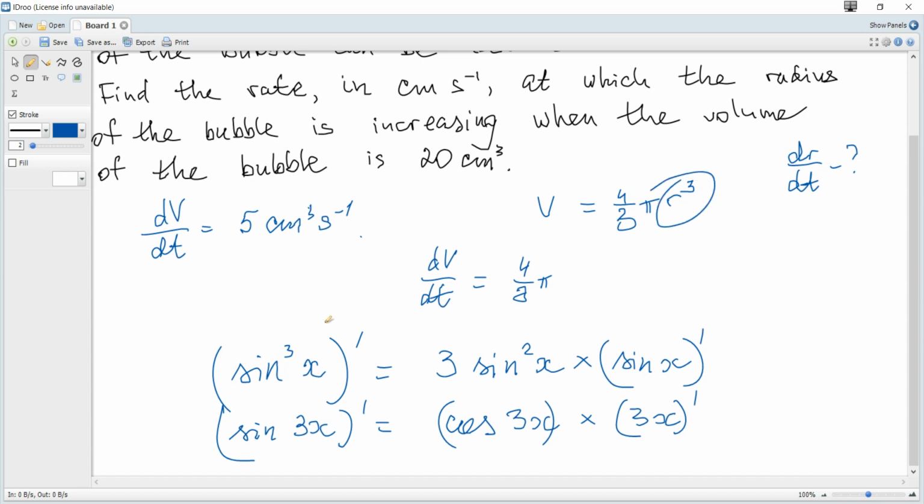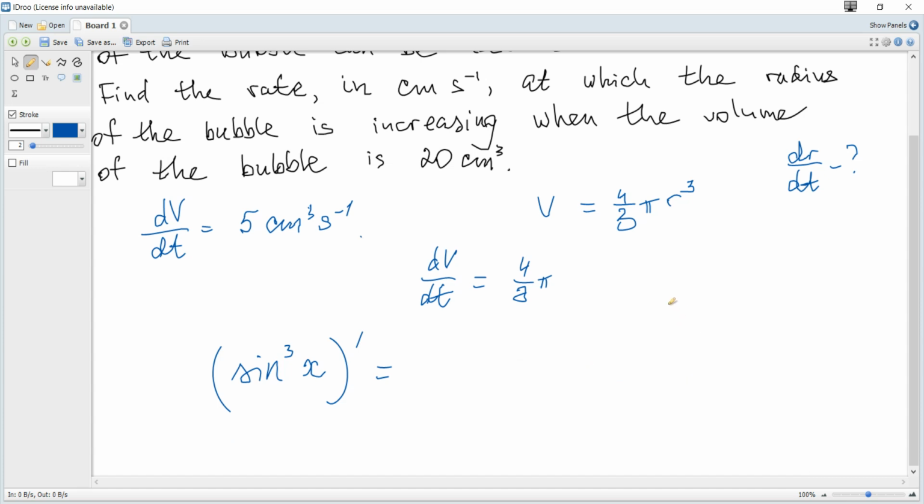And r cubed is like this, but r is some unknown function of t, so it becomes not just 3r squared. We apply the same rule as for x cubed, so the derivative is 3x squared, here it's r, so 3r squared, but since the derivative is with respect to t, not with respect to r, we should multiply by the r derivative, but since r is unknown, we just write dr over dt.